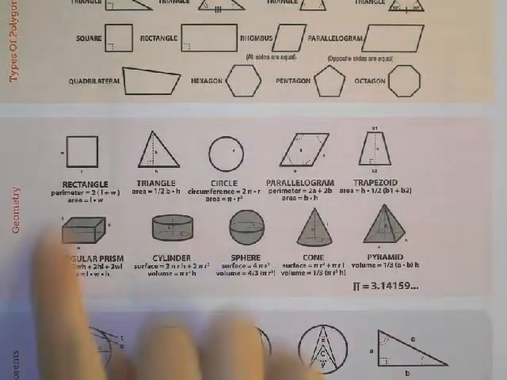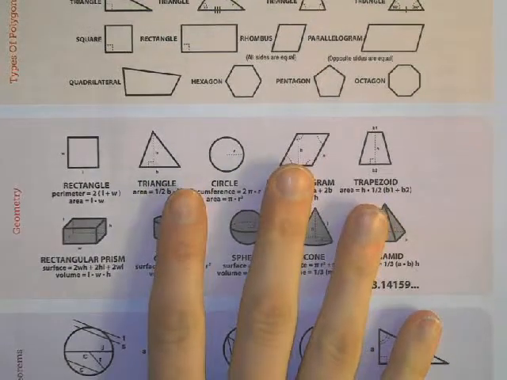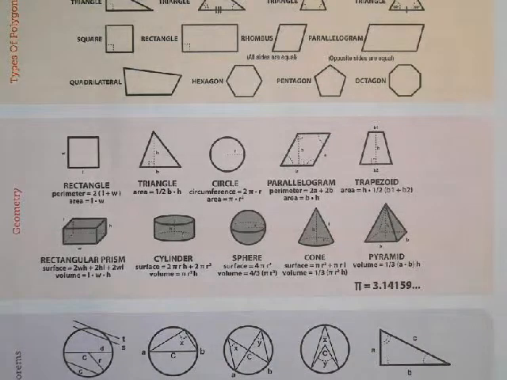Those are all called formulas, because these variables have a relationship that give you specific things you might need to know. If you're painting a house, you might need to know the surface area, different things like that.